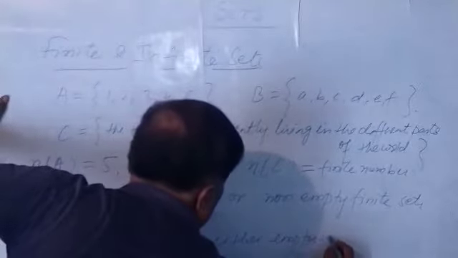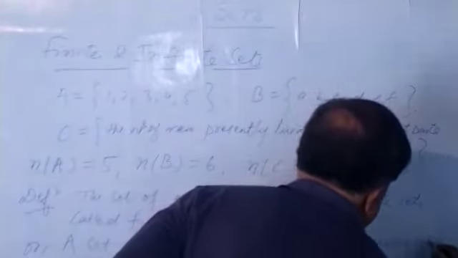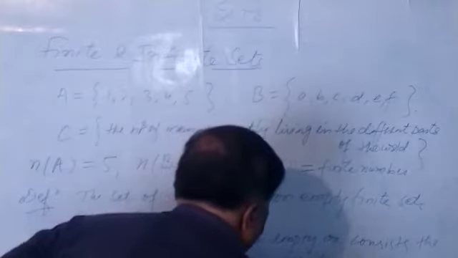In other words, a set which is either empty or consists of a finite number of elements is called a finite set.